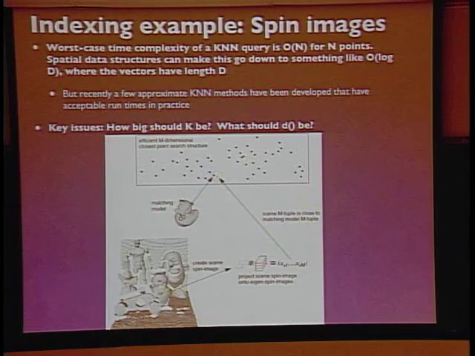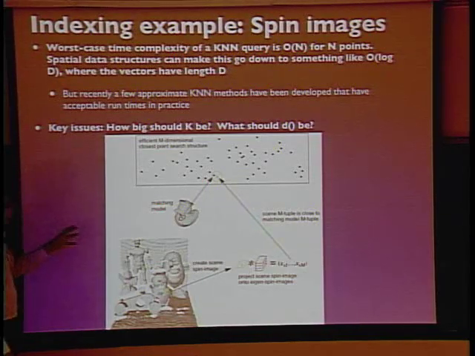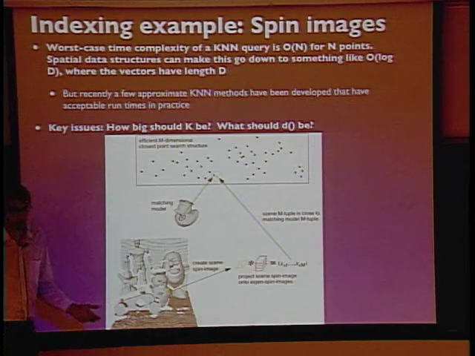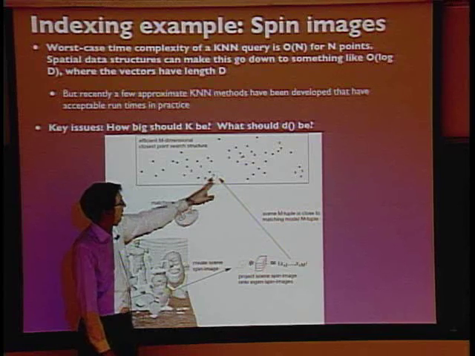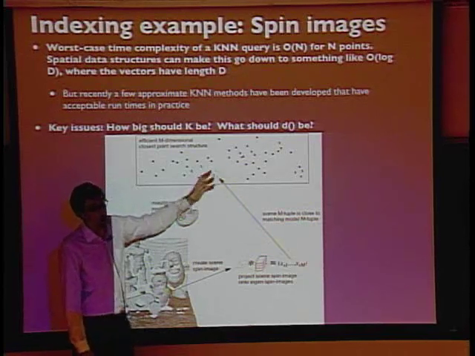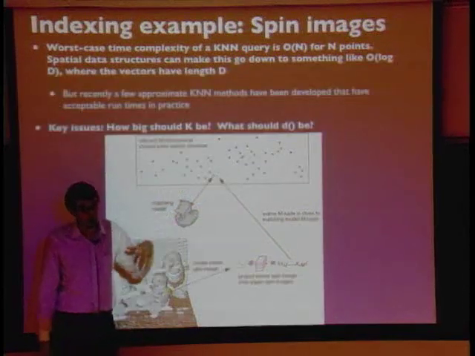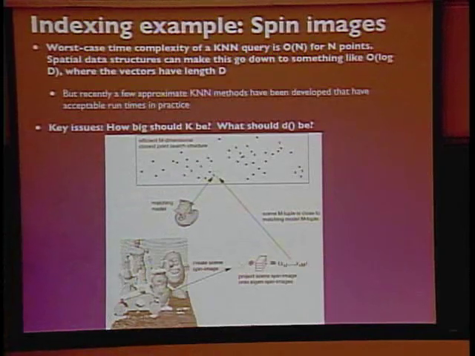But as it applies to our problem of finding matches between a scene and a set of models, there are some key issues. First of all, how large should k be if you're looking for k nearest neighbors? Here, if I have a new point from the scene, I'm going to ask for the k closest vectors from the object models as potential corresponding points to it.